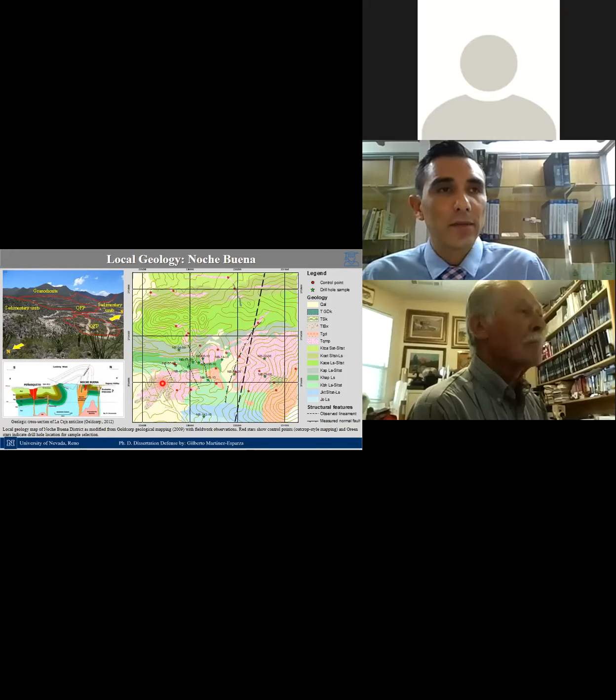So the values of this mineralization were mainly gold and copper. And we can see the intrusive phases in this portion, including quartz monzonite, monzonite, and granodiorite.